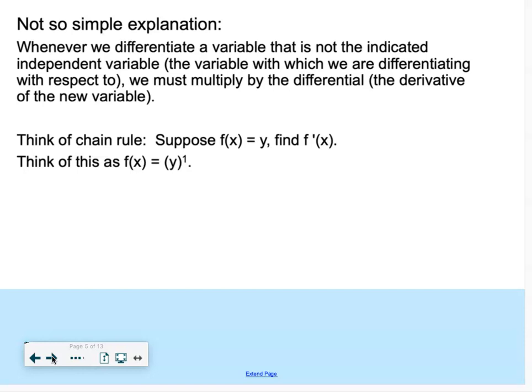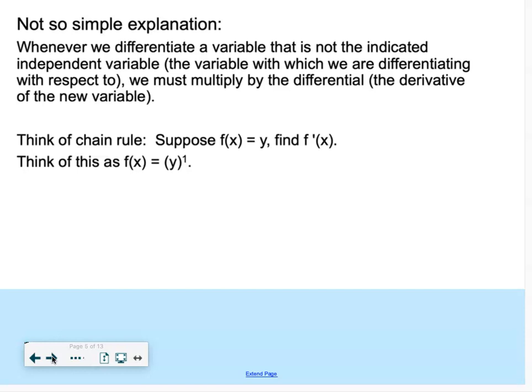So here's what it says. If you're finding dy/dx and you hit a variable that's not x, you've got to multiply by a differential. So if I'm finding dy/dt and I hit a variable that's not t, I've got to multiply by a differential.